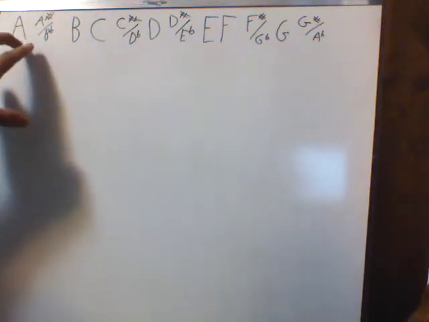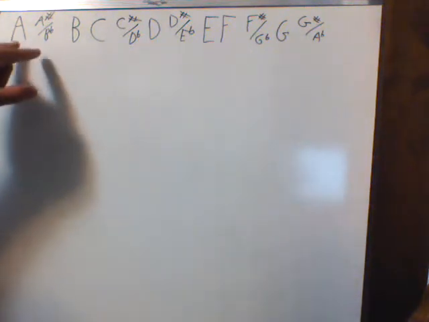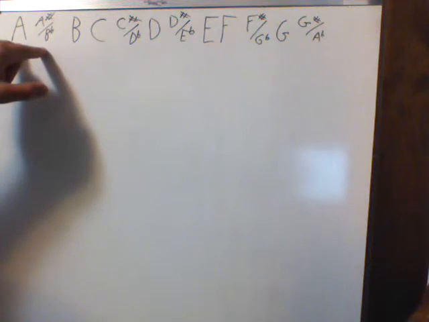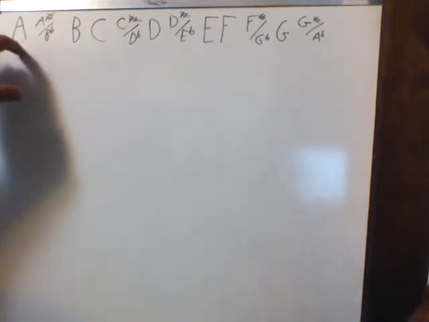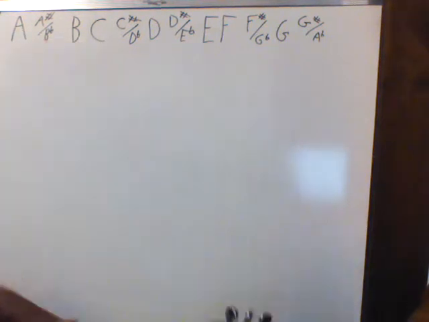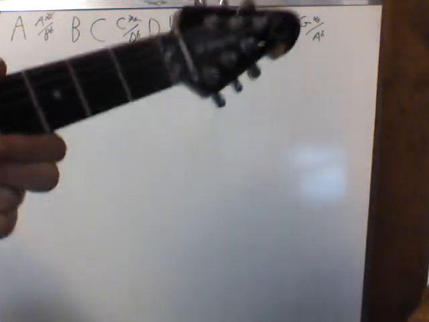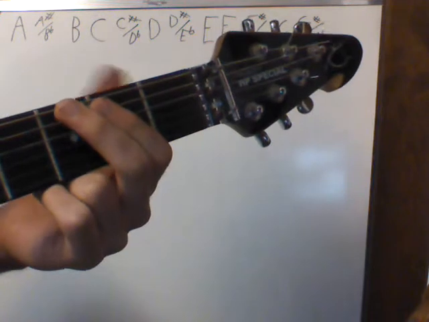We use something called intervals, and I'm going to use my guitar as an example to show you this. But wouldn't you agree that there's a different distance between this note and this note than there is between this note and this note? You have to go further to get to this note. Maybe on guitar it might seem a little easier to understand.